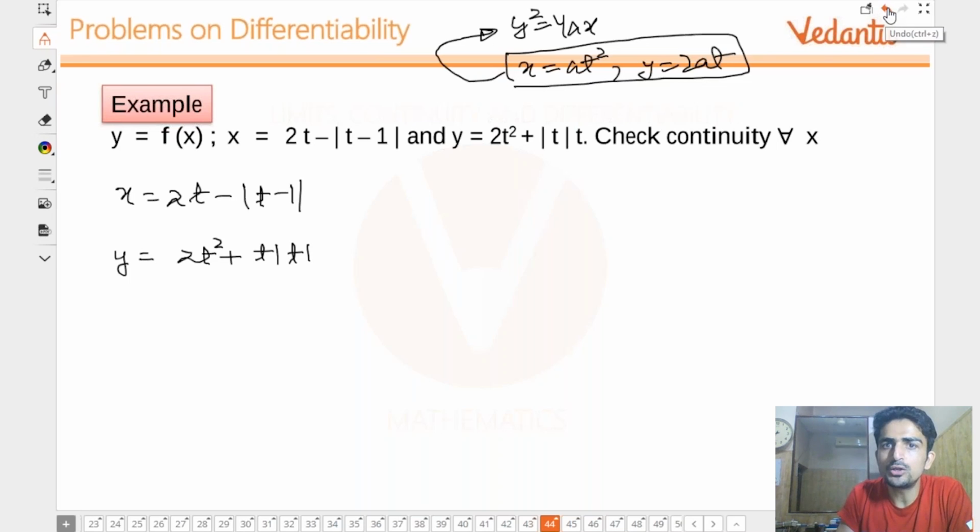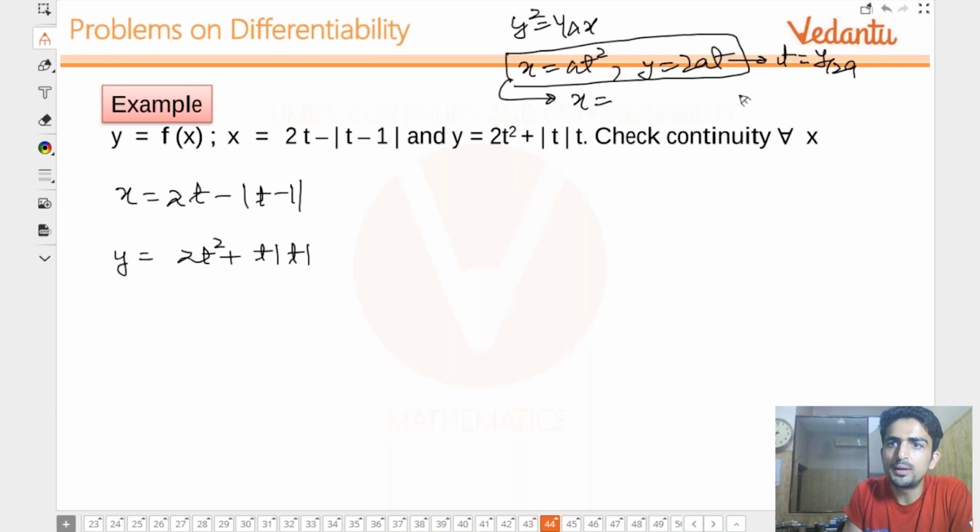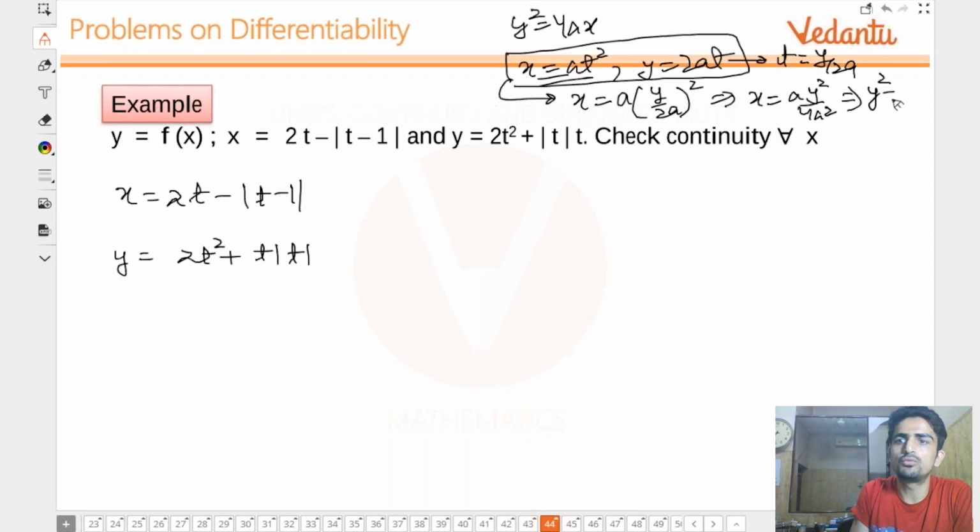And how do you tell that? You eliminate t from them. Like x equal to at square, from here you say t equal to y by 2a. Put it here, a times (y by 2a) whole square. It is x equal to a y square by 4a square. So it is y square equal to 4ax.